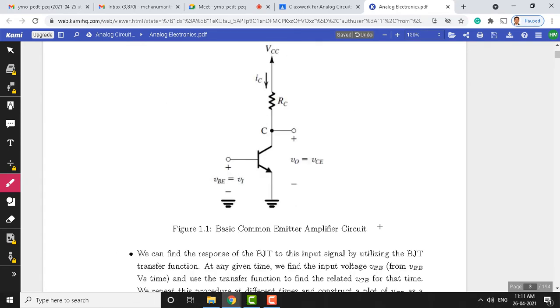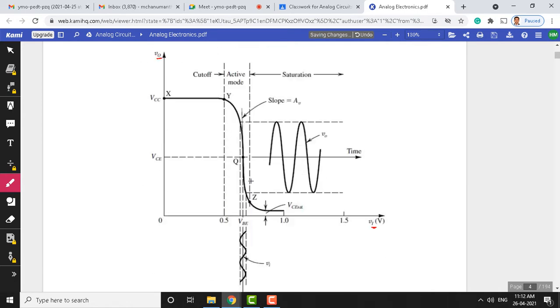This is a simple BJT circuit. There is a BJT here and a collector resistance, and VCC, which is the collector power supply. This is a simple circuit.